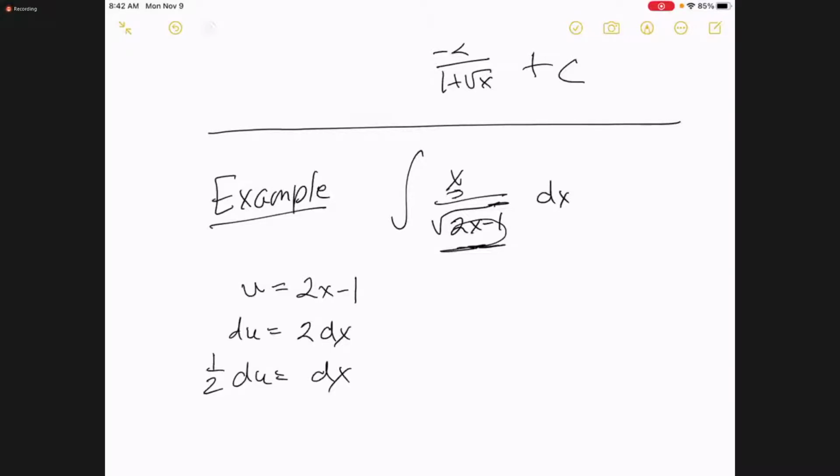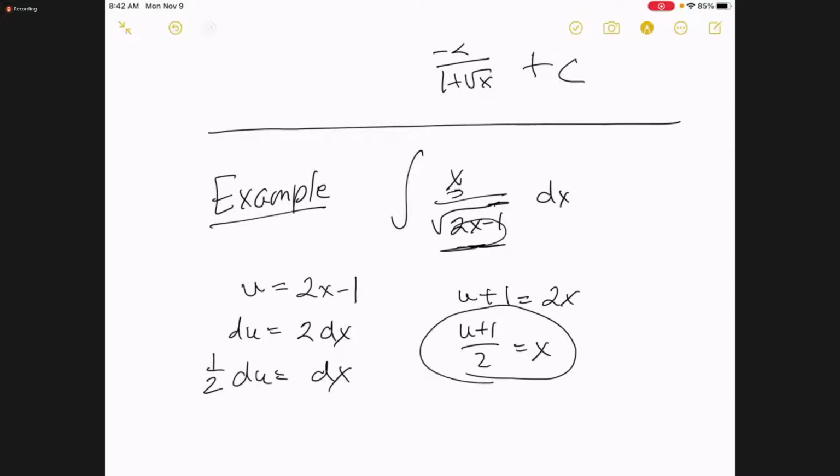Well, let's see. u is 2x minus 1, so u plus 1 is 2x, and u plus 1 over 2 is x. So I can change that x over to u's also.